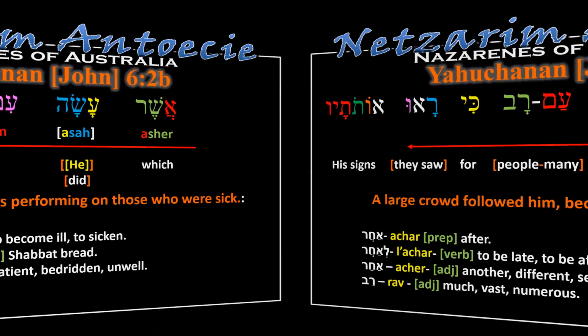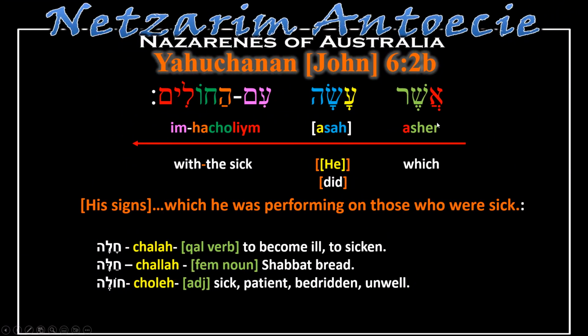And now we come to part B. And we have an aleph, a shin, a resh, ayin, sin this time because the dot's there, hey, ayin, memsafit, hey, chet, vav, lamed, yod, memsafit. And we read it. Asher, which, asa, he did.